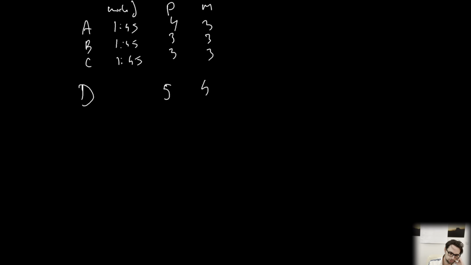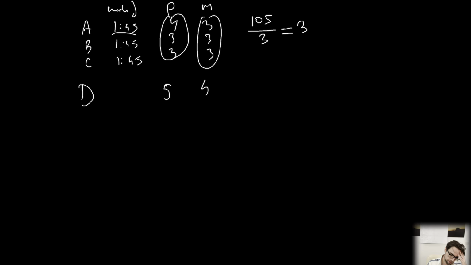So in 1 hour and 45 minutes, that's 105 minutes. All of these have the same minutes. So 105 divided by 3, you'll get 35 times the sum of all of these, which is 350 packages.